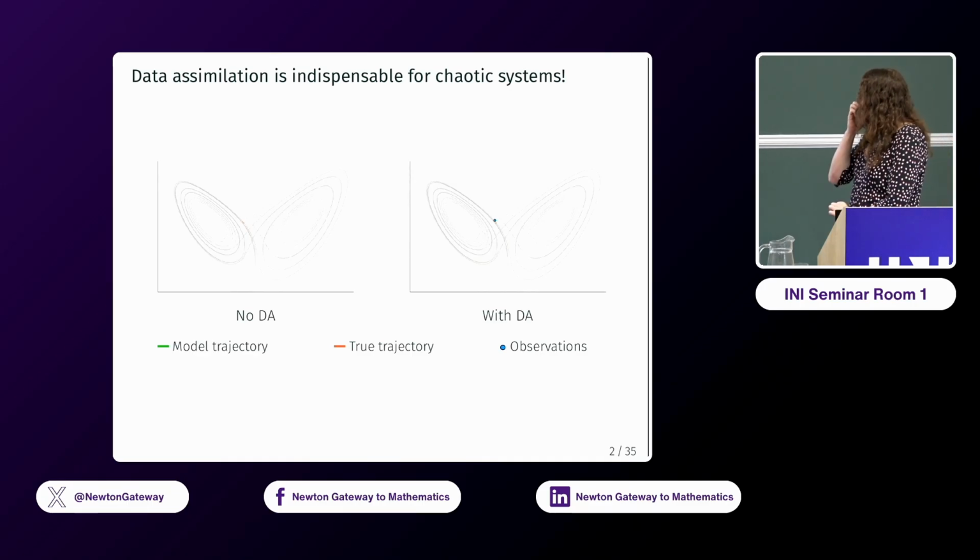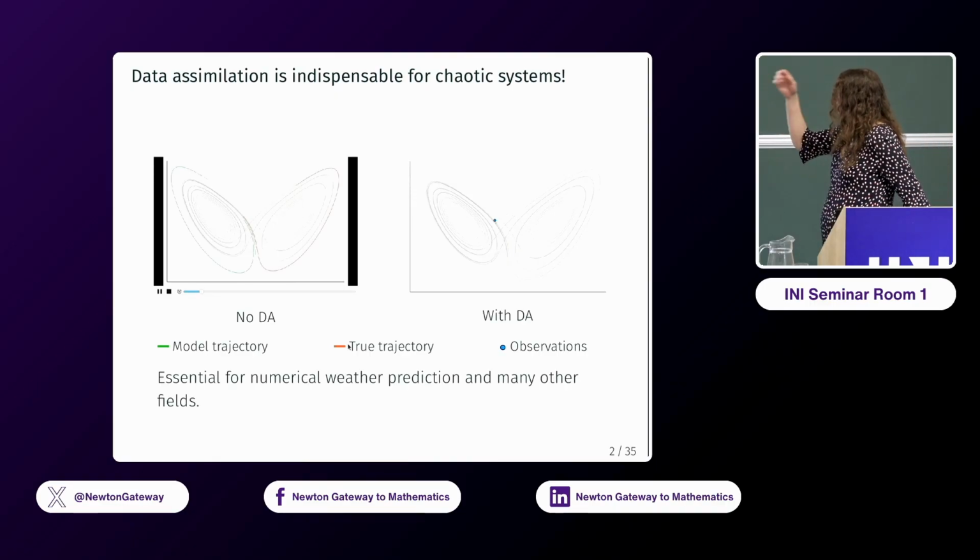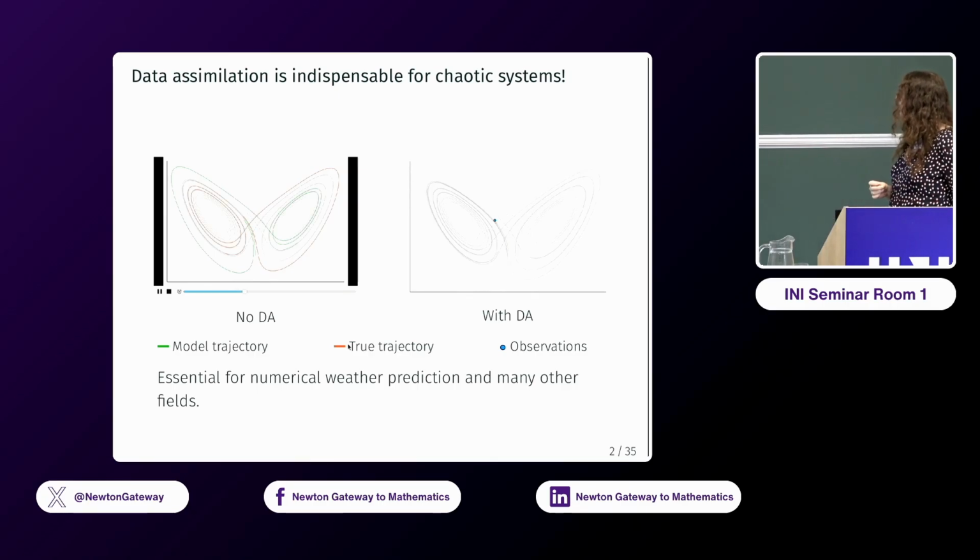So data assimilation is really indispensable for chaotic systems, such as the atmosphere. Here I'm showing the Lorenz 63 model, which is a classic example of a chaotic system. On the left here, I'm showing two trajectories of the system that start off very close together in the red and the green, and you can see that they very quickly diverge. Because it's a chaotic system, we have exponential sensitivity to initial conditions.